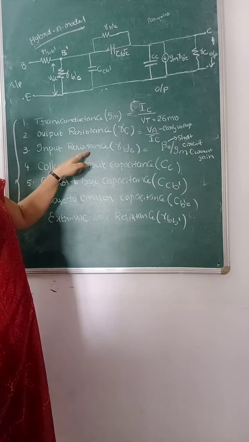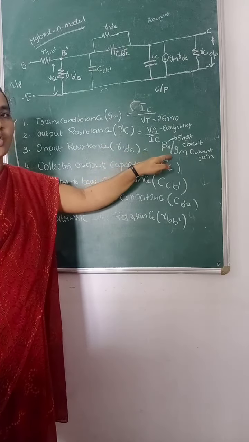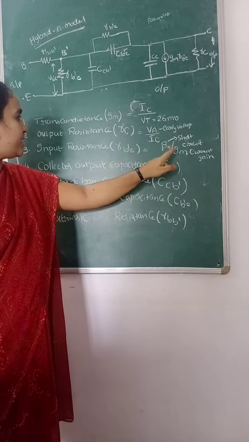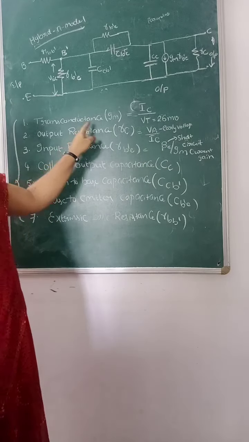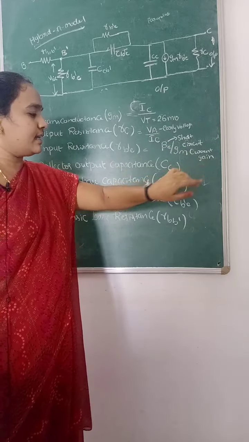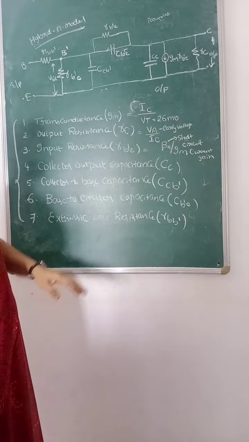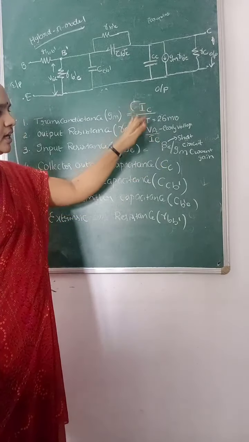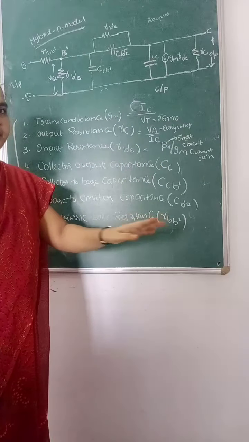Input resistance is given by beta naught divided by Gm, where Gm is the transconductance and beta naught is the short circuit current gain. So we will calculate all these values in this class.